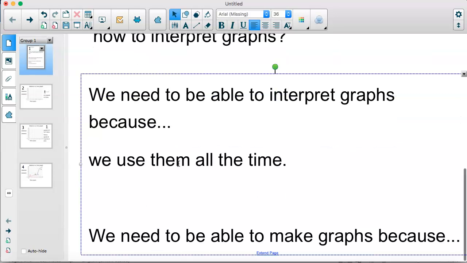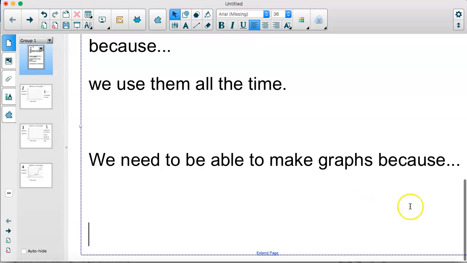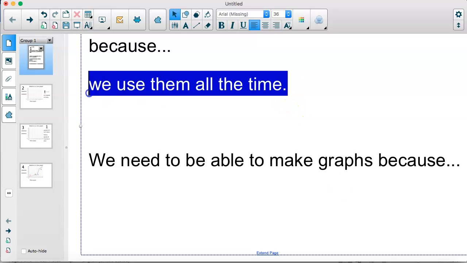Okay. Why do we need to be able to make graphs? Another good question. Why is that important? What do you think? Once again, I can share with you what I think. I think we need to be able to make graphs because, once again, we use graphs all the time.